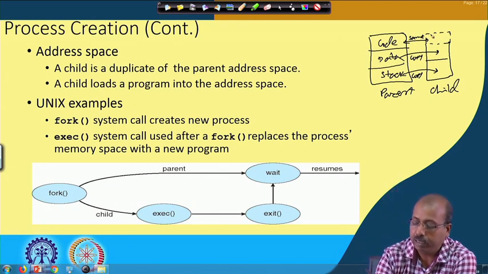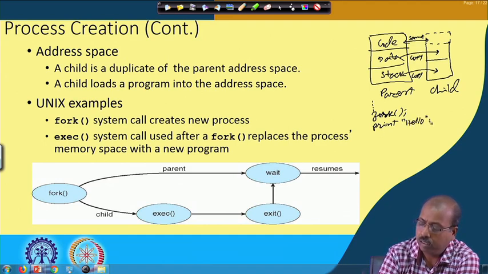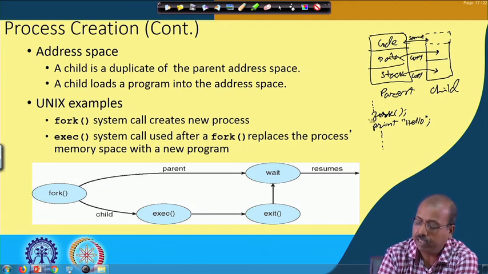So, if I write a program like this, say I write a fork here, and after that I write a print hello. Now, if this program is executed, then after this fork has been done, I have two processes: the parent was there and a new process, the child, is also created.